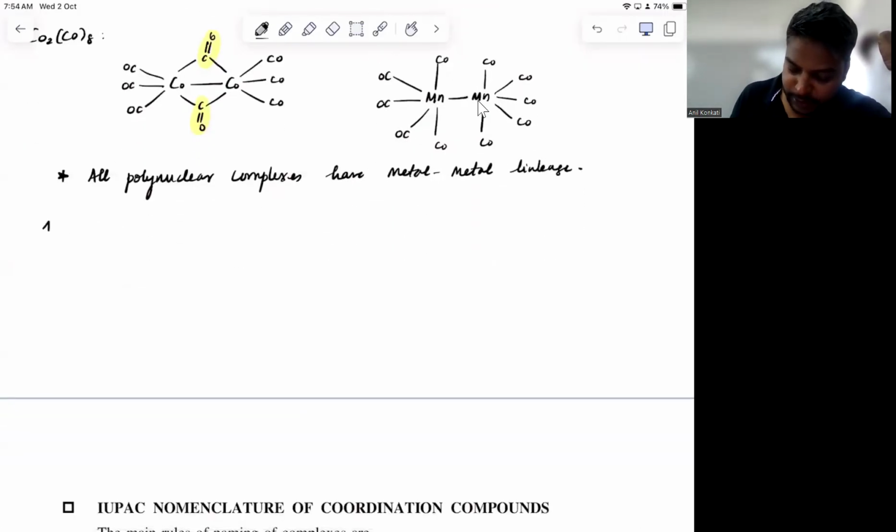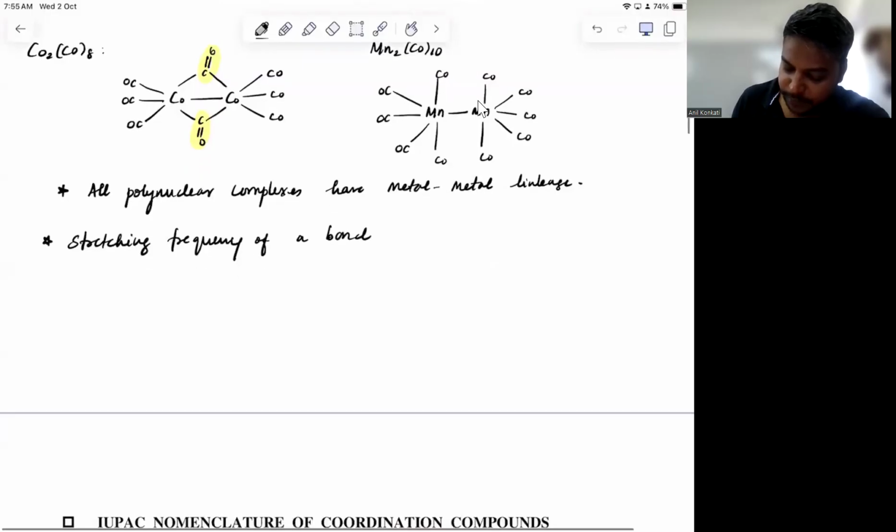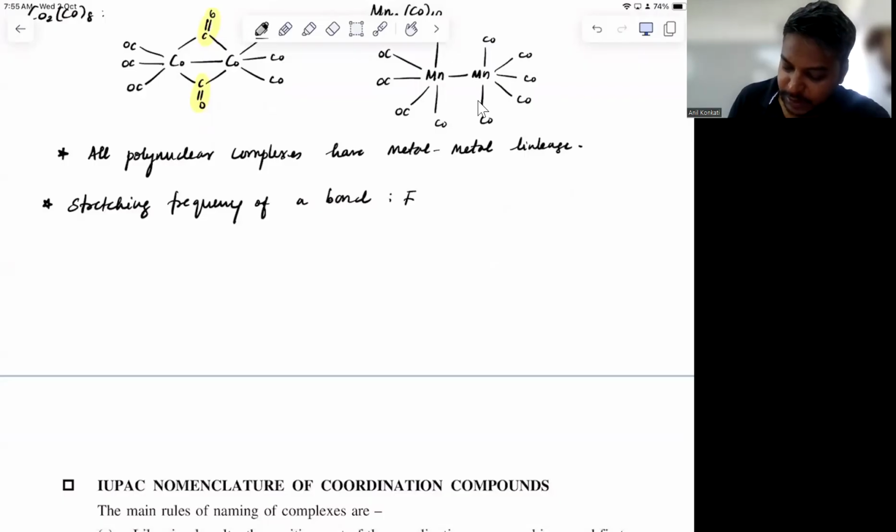One important thing that is always asked in metal carbonyls is something called stretching frequency of a bond. Basically, it means frequency of oscillations about mean position of a bond.